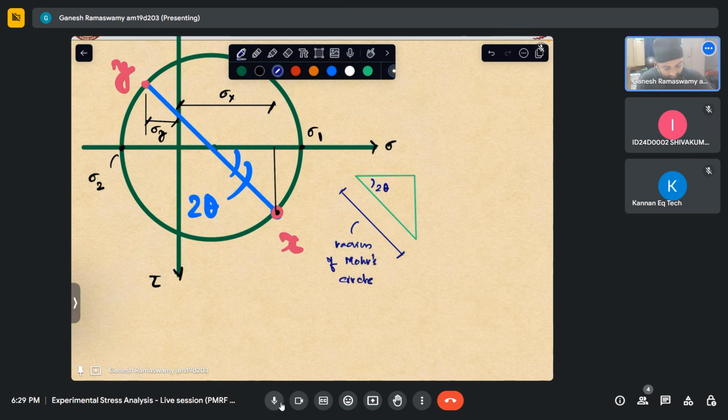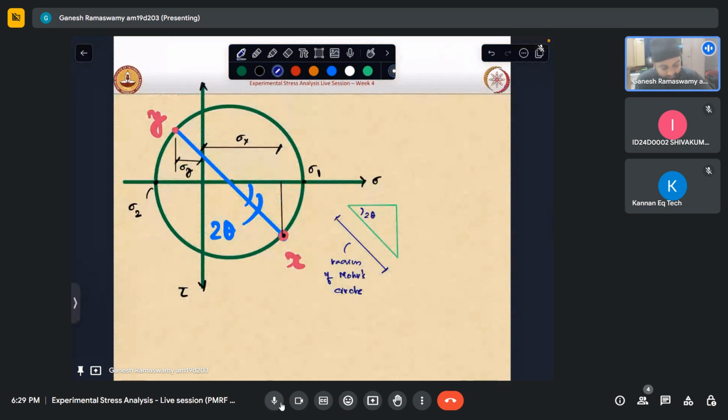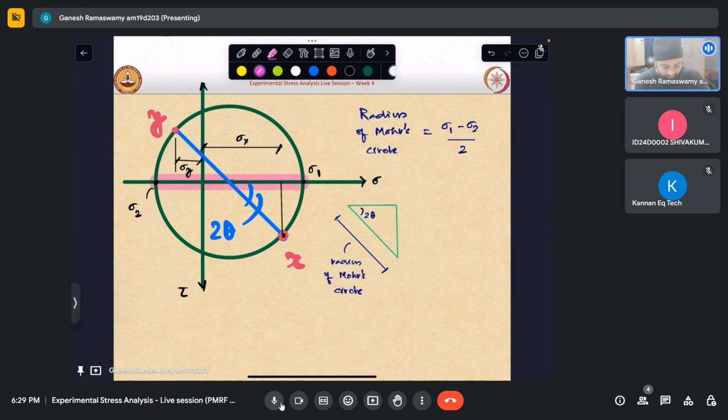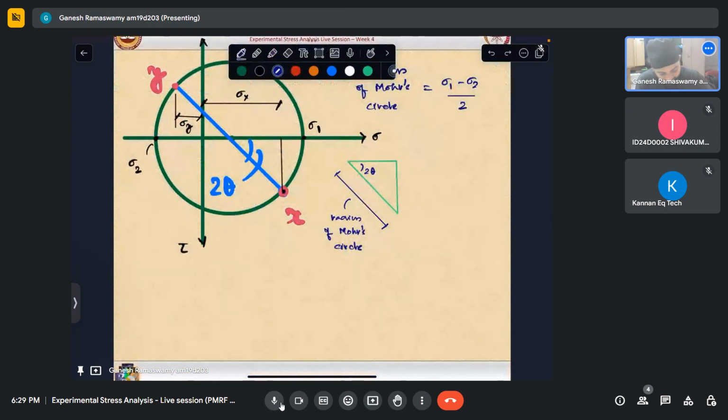And we know the radius of the Mohr circle is sigma 1 minus sigma 2 by 2, because we can see from here, this is sigma 1 minus sigma 2. When we take half of that, that gives us the radius of that circle. So this we know, sigma 1 minus sigma 2 by 2.